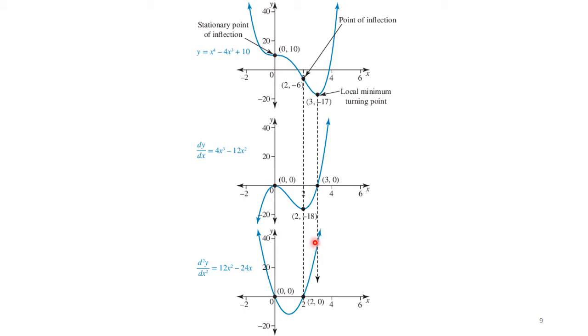It's a positive second derivative, so we know that it is concaving up. So that's how you link these three together. You can use the first derivative function to find the gradient at any point of your curve, and you use a second derivative function to identify the points of inflection, to identify the concavity at different parts of the curve.